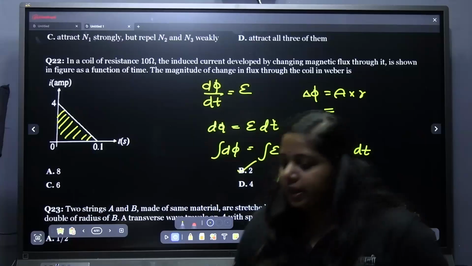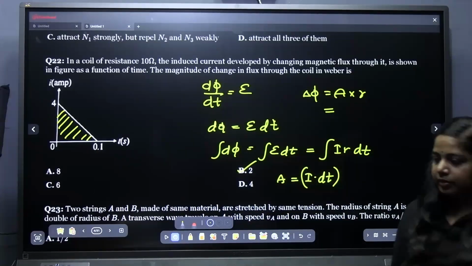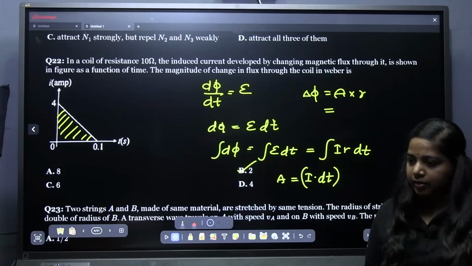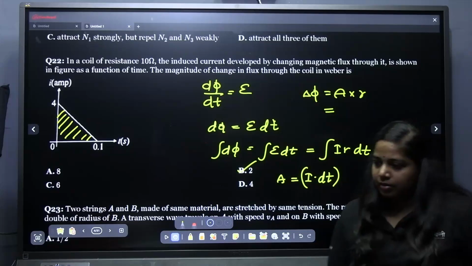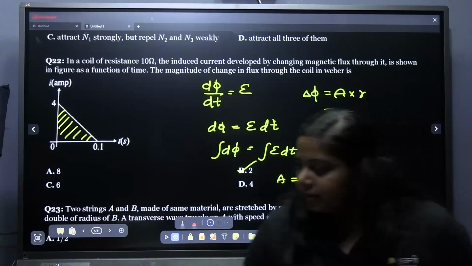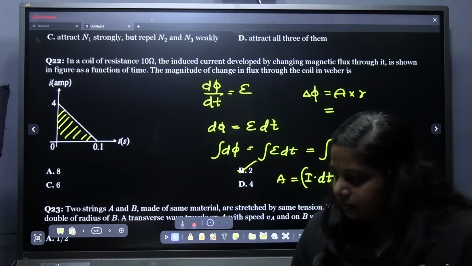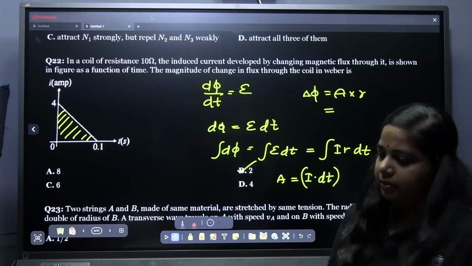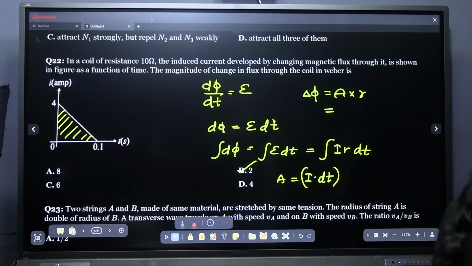What about now? Is it clear now? Is it clear? It's clear.